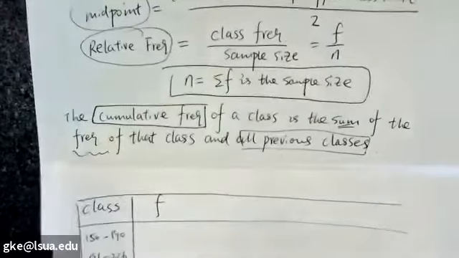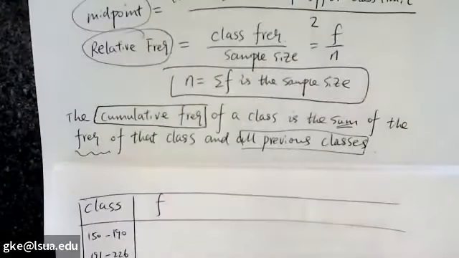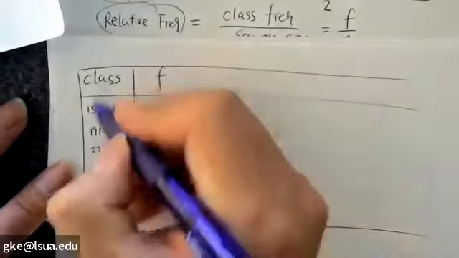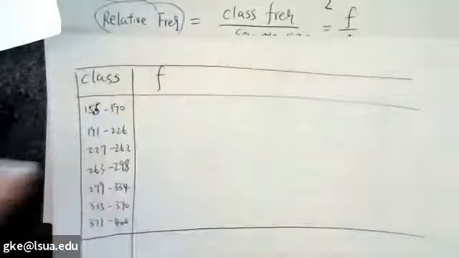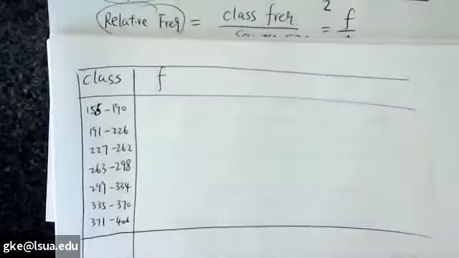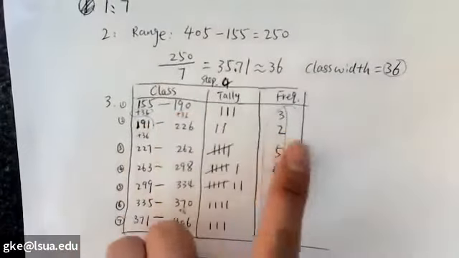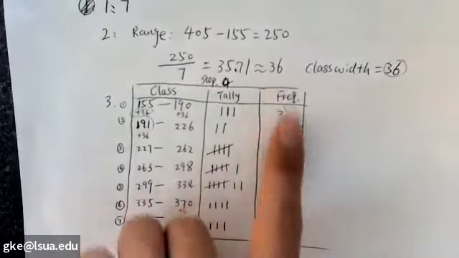This is the example we did in the last class, 155 to 190, and we got all the frequencies and the classes like here.